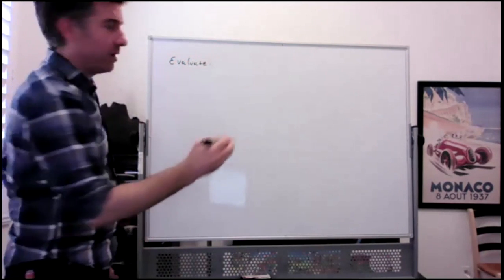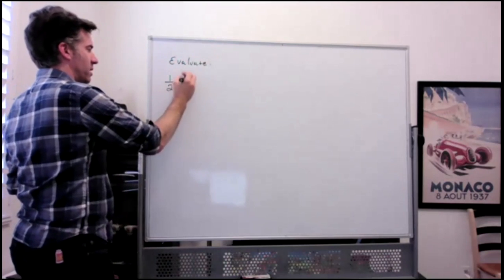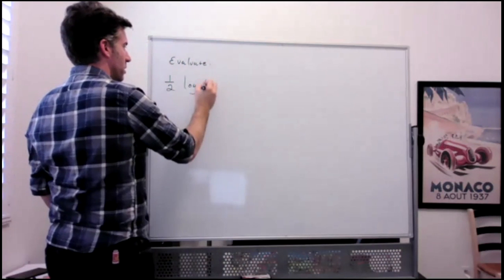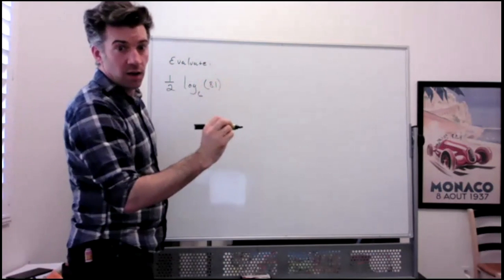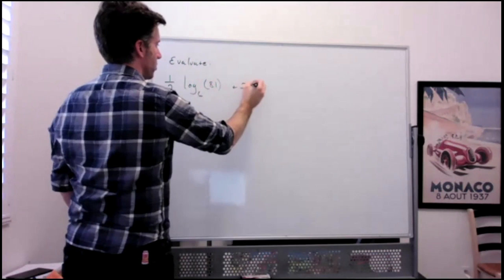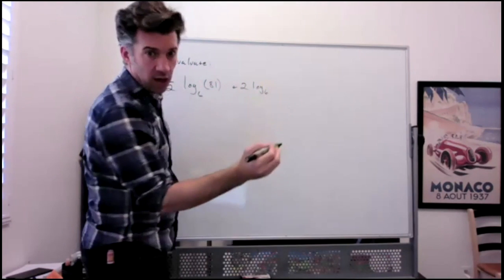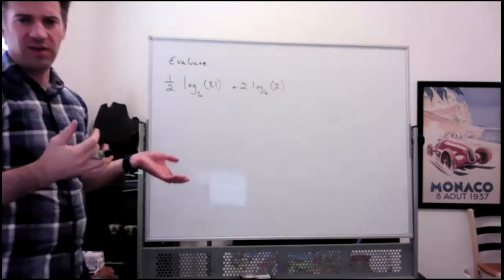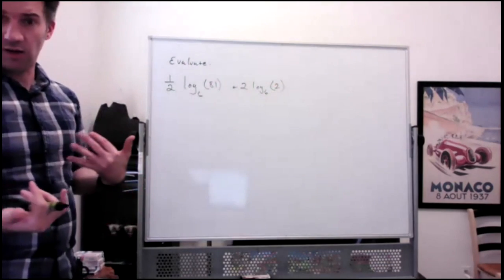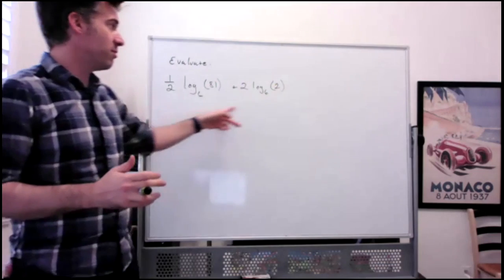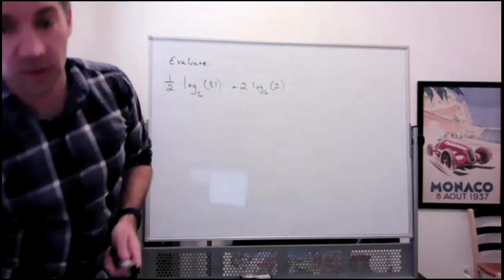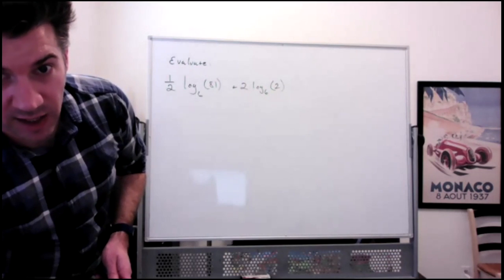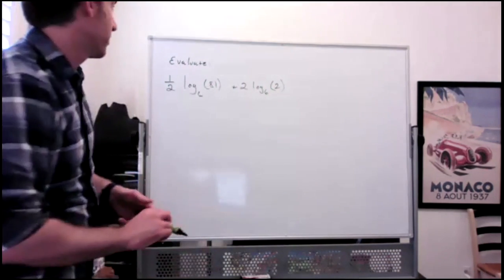So I want to evaluate 1/2 times log base 6 of 81 plus 2 times log base 6 of 2. And the idea, although it isn't spelled out super explicitly here, is that I want to combine this into one logarithmic expression so that I can maybe have a better shot of getting a nicer final result.